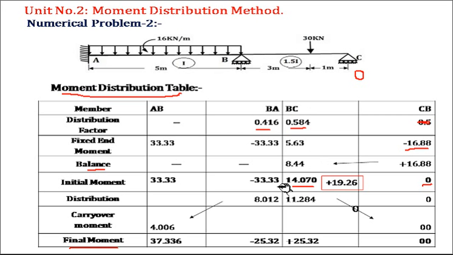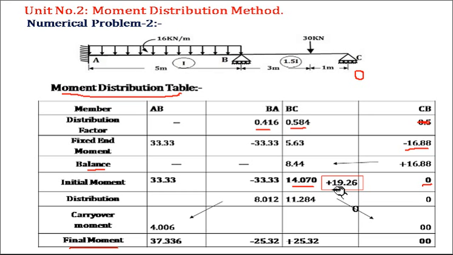But as per the moment distribution table, the moment in member BA is minus 33.33 and the moment in member BC is 14.070. Now if you take the difference, it comes equal to minus 19.26.